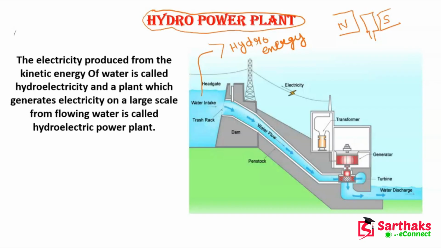In the thermal power plant, we used to use heat energy, but here we will be using hydro energy. The electricity produced from the kinetic energy of water is called hydroelectricity, and a plant which generates electricity on a large scale from flowing water is called a hydroelectric power plant.